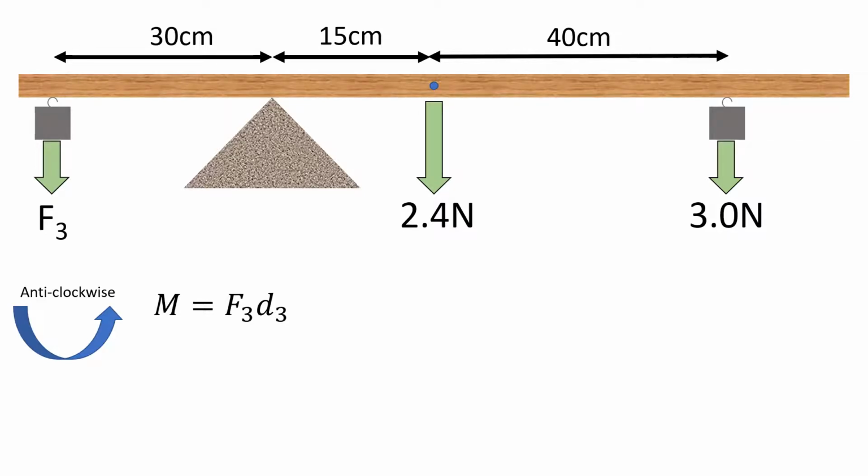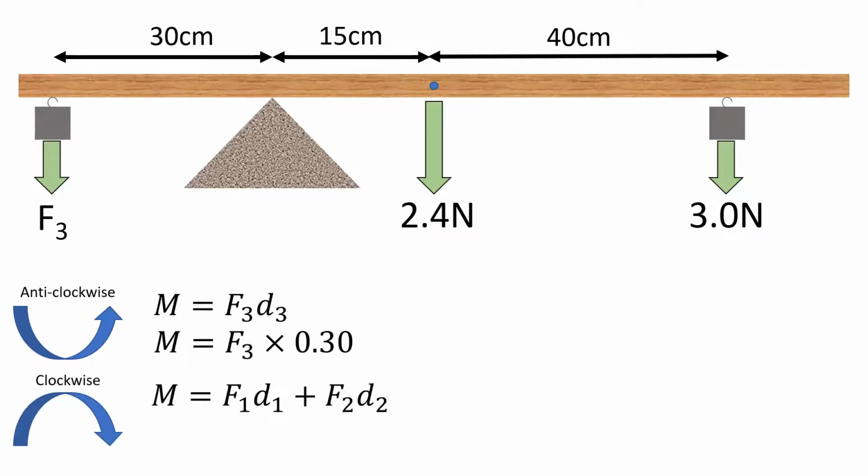Meanwhile, we also know what the clockwise moments can be written as: F1 D1 plus F2 D2. We have two objects causing a clockwise moment. First of all, the center of mass of the ruler, and we also have the weight that we've added.